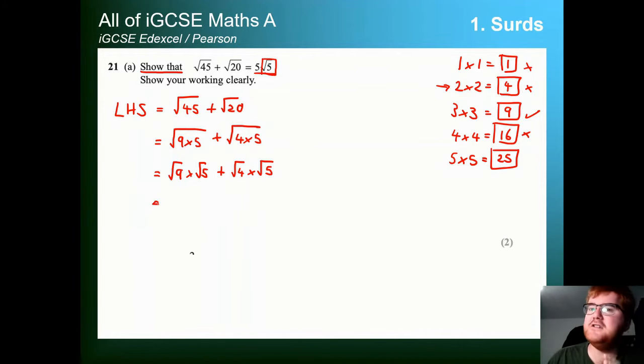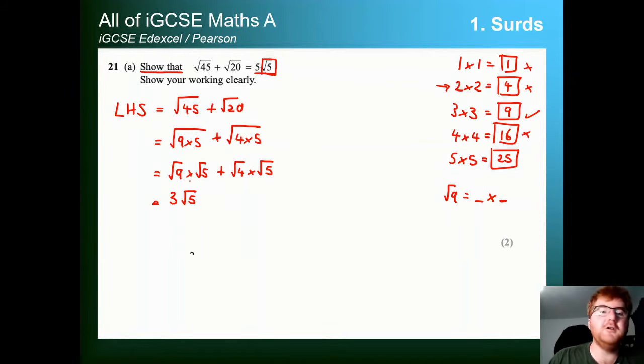Now, we need to know our exact square roots. So the square root of 9, if we're trying to work this out, something times something gives us 9. What will that something be? Well, it's going to be 3. So the square root of 9 is 3. So we write 3 root 5.